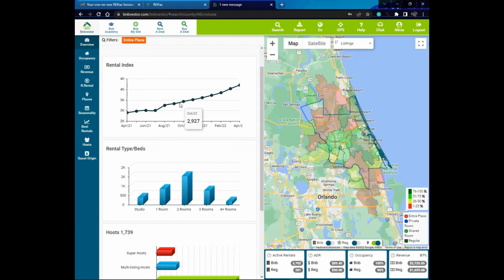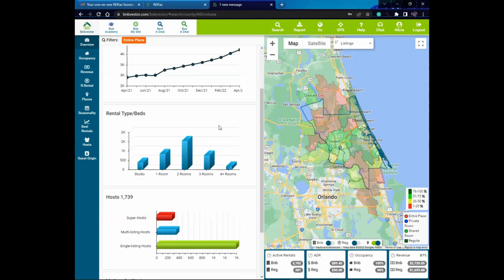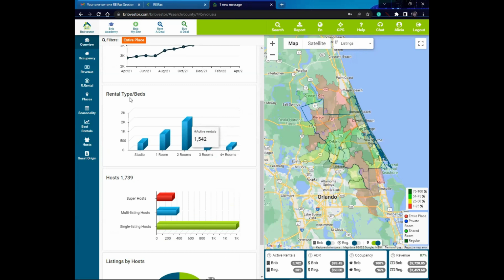That's something that really isn't surprising since we are coming out of the pandemic closed down. So slowly it has been coming up, being at the lowest last April and steadily increasing until now.